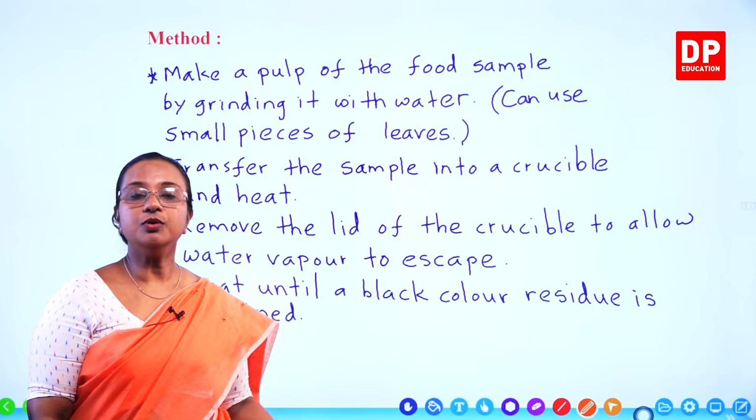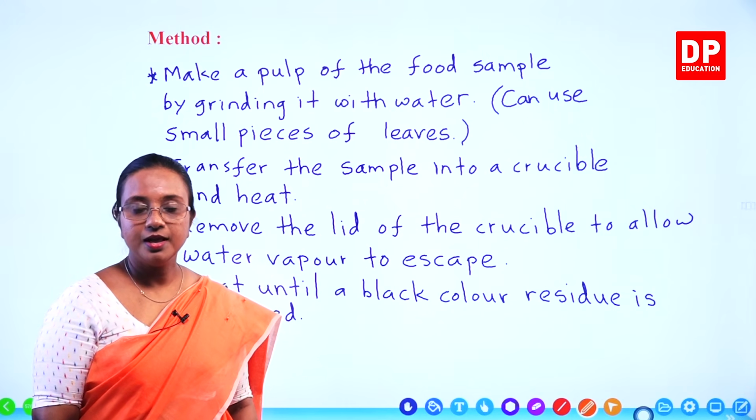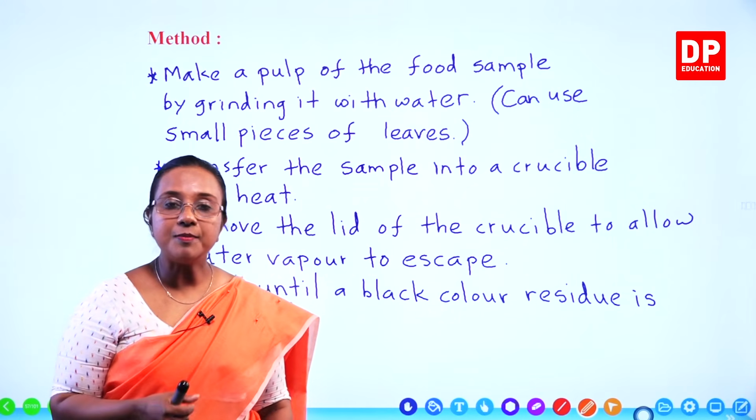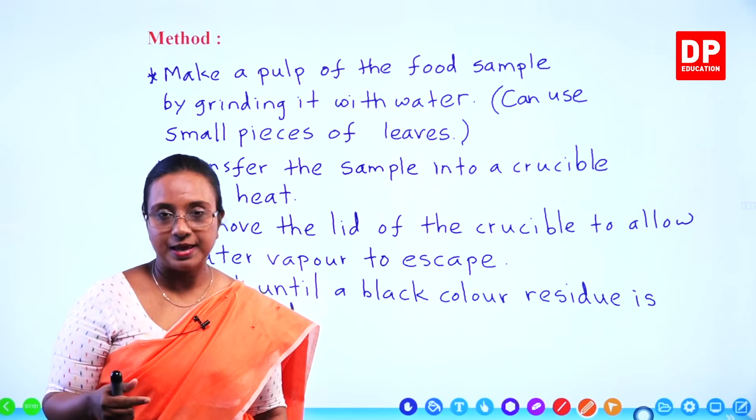Then we allow the black color residue to cool down. After that, we rub the black color residue on a sheet of white paper.